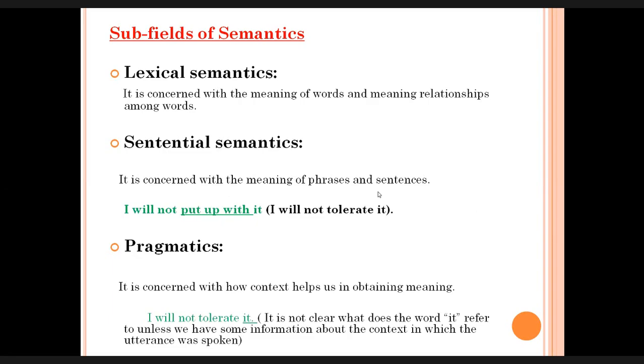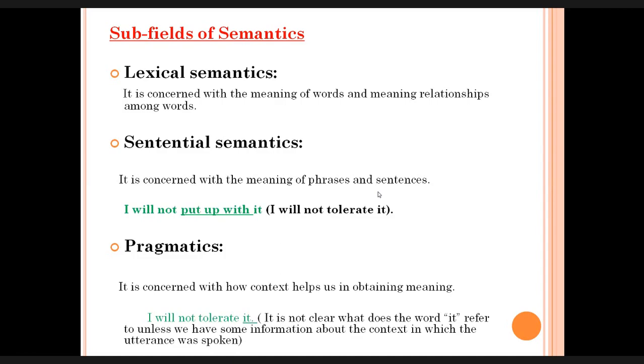One of the familiar examples is cats and dogs. Here, you can see cats and dogs, all these three words together have a single meaning.